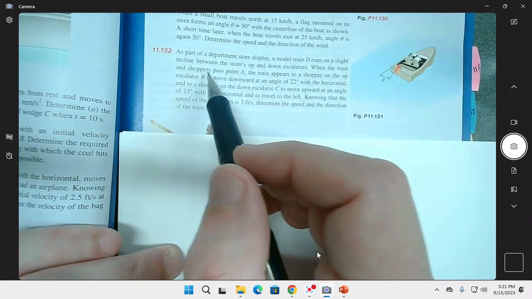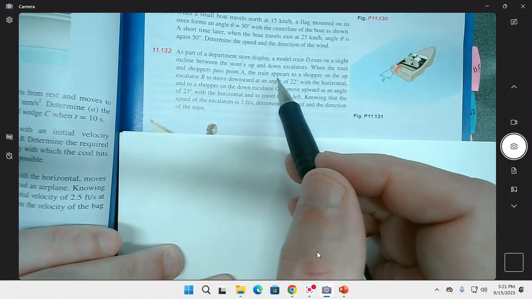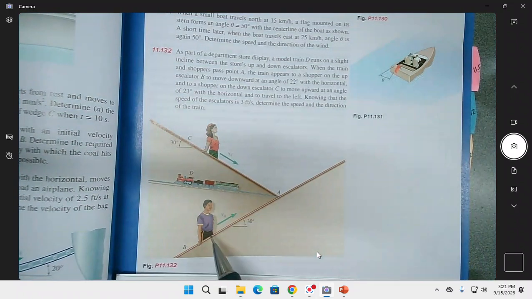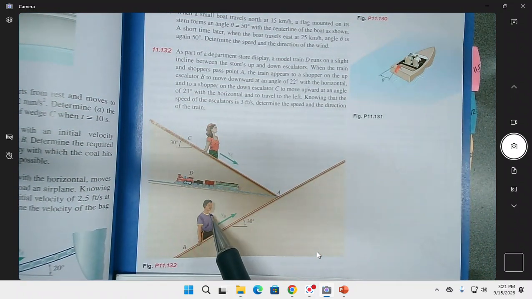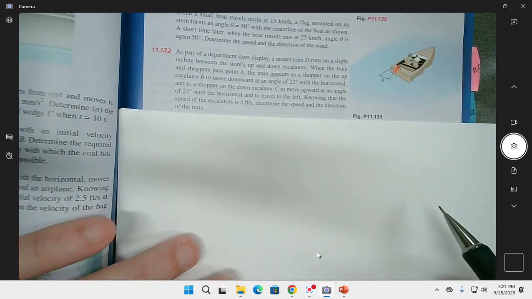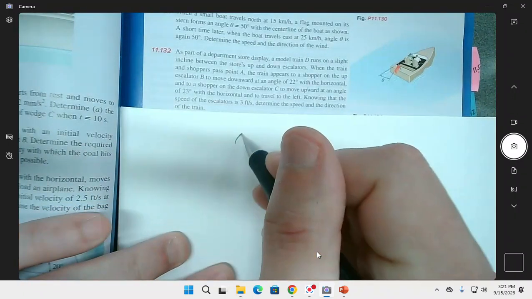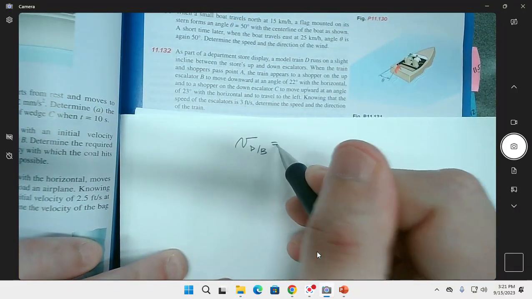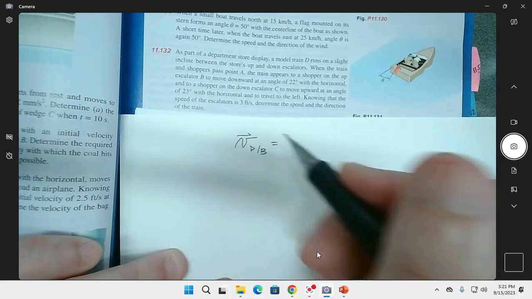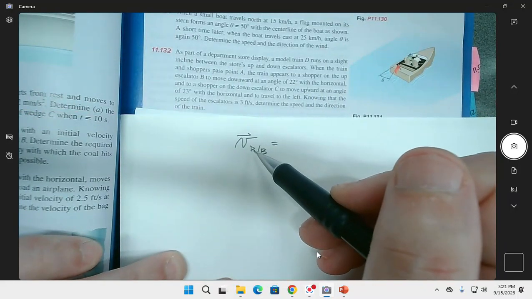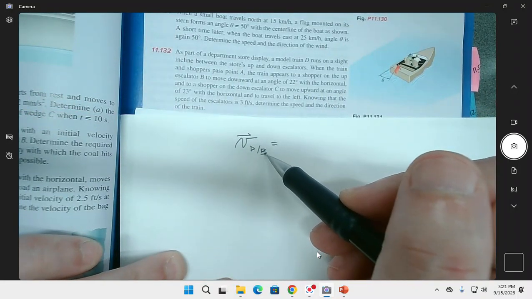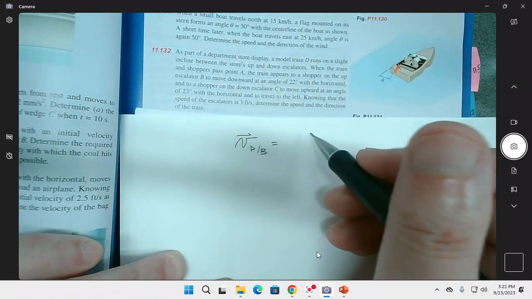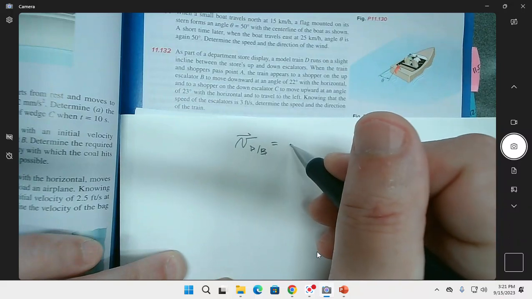When the train and shoppers pass point A, the train appears to the shopper on the up escalator, let's name him B. So it's going to be the train, which we're going to call D, with respect to B as a vector. D appears to B, so with respect to B, it is going to move at a downward angle of 22 degrees.